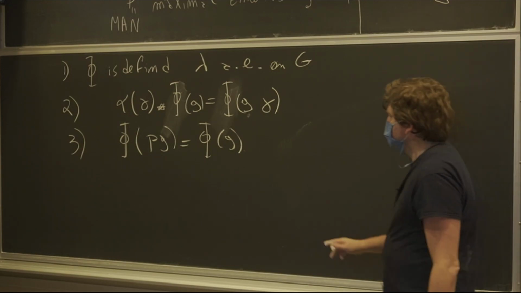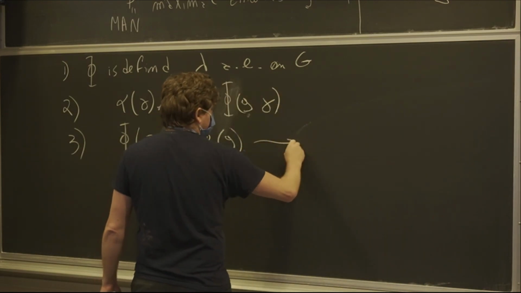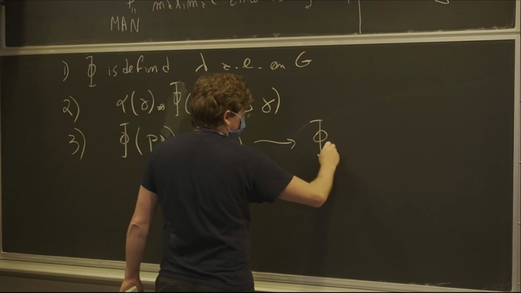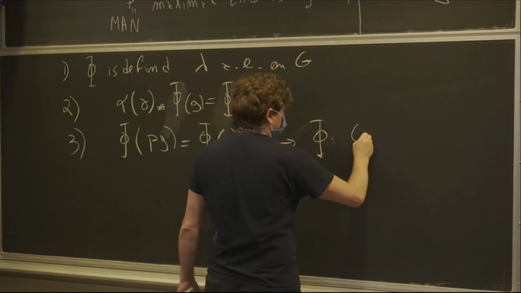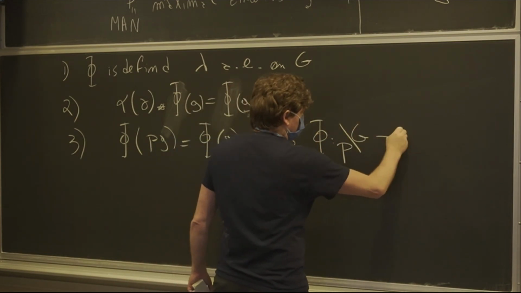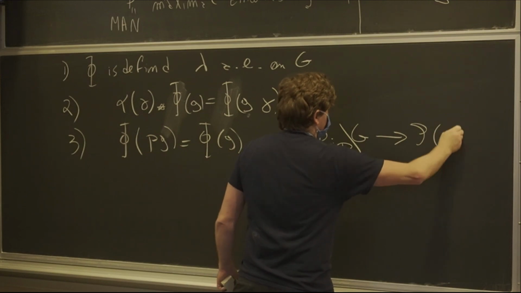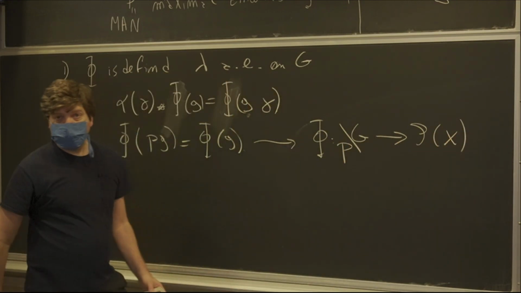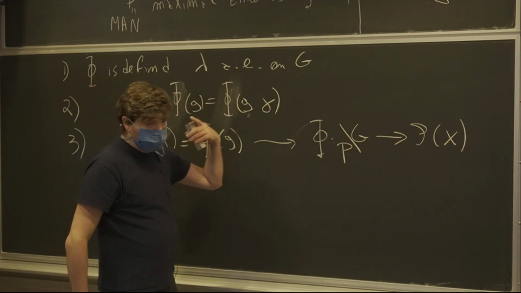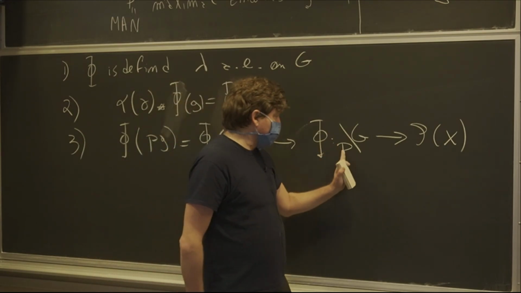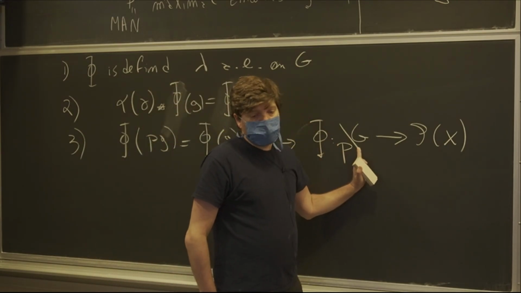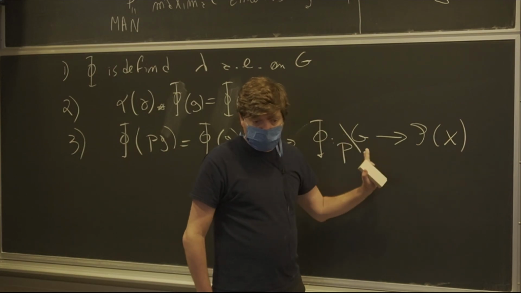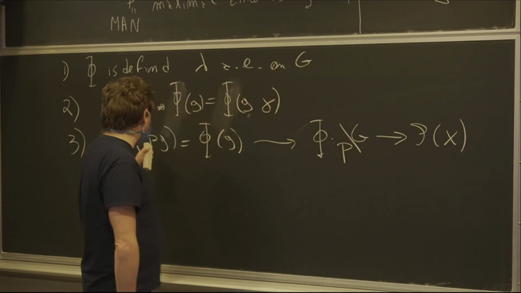So this last property is actually telling me that phi is in reality a function coming from G mod P. And here you see why I told you in the very beginning, when it comes to the game, P will be quotient on the left and not on the right. And it's because the invariance comes from here.